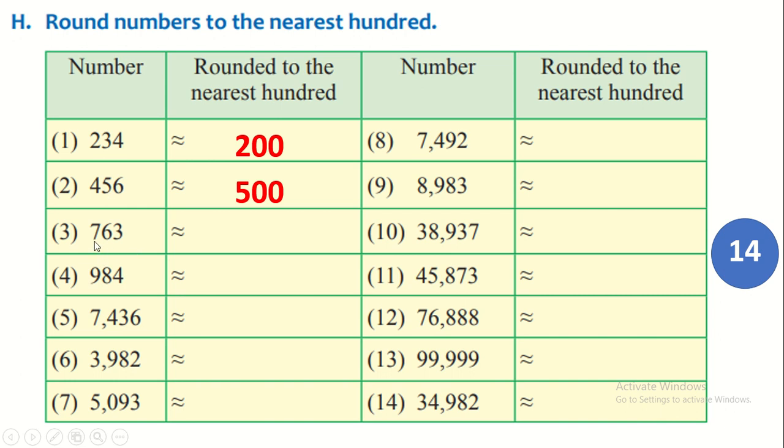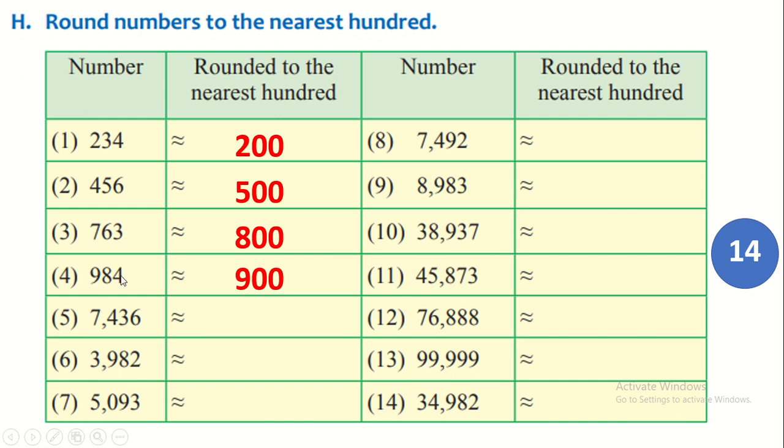763. 7 is in the 100 place. Next is 6. You can round this to 800. Number 4 is 984. Next to 9 is 8. You can round this to 1000.